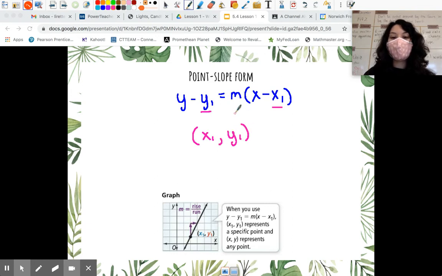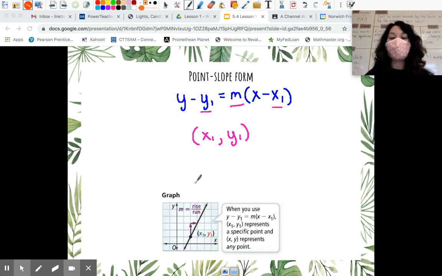Okay, and then of course m is your slope. So this is a number, and this is a number. This x and this y, where my pen is hovering, those are going to be variables. Just like when you write an equation in slope-intercept form, you have an x and a y that's still in your equation. Same idea here. We're going to have an x and a y, but then everything else is going to be a number.